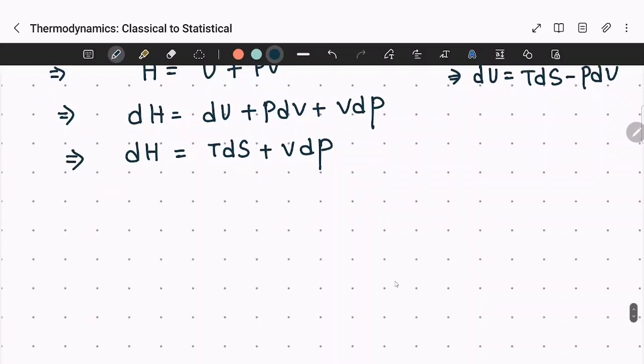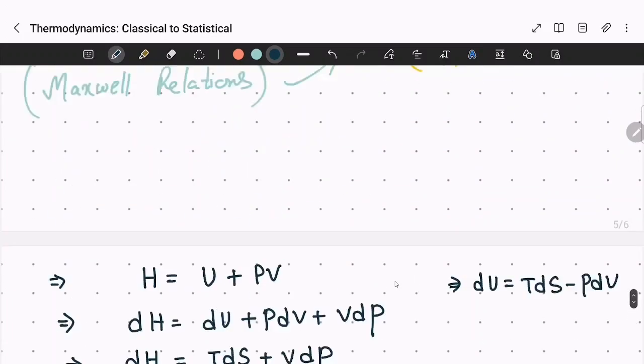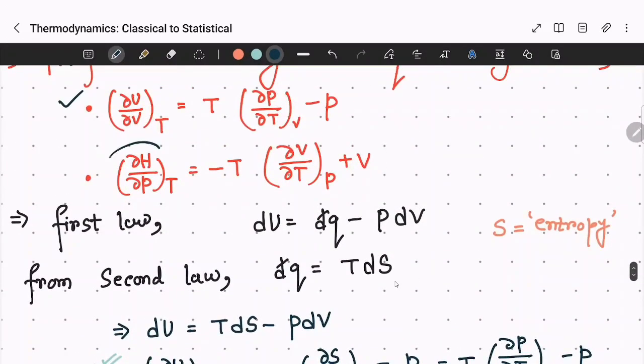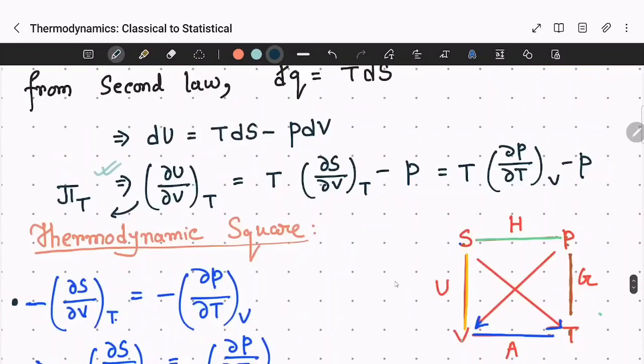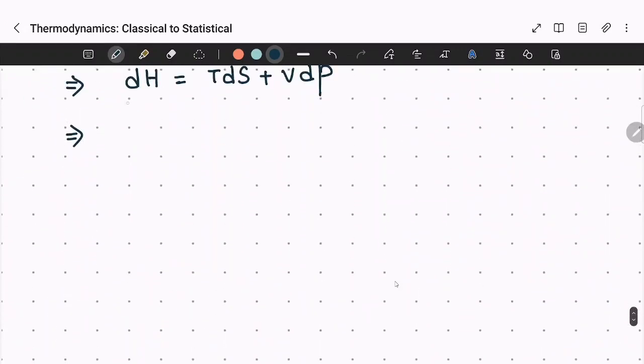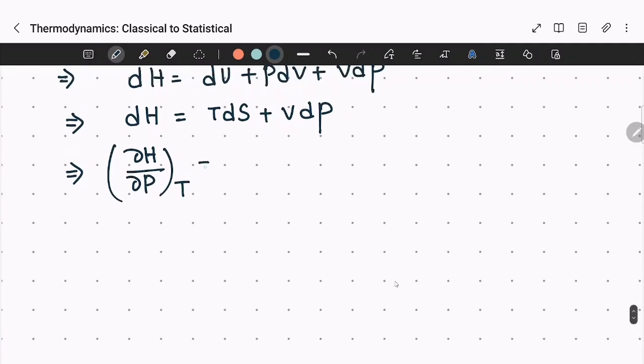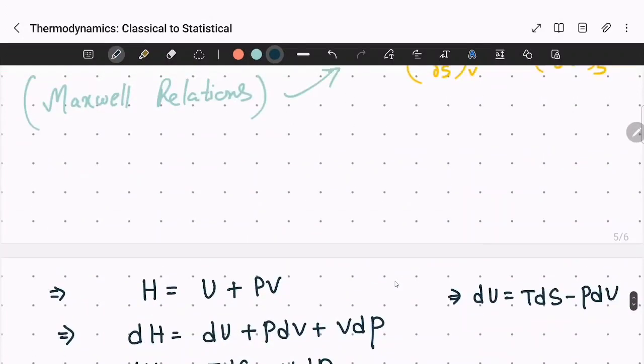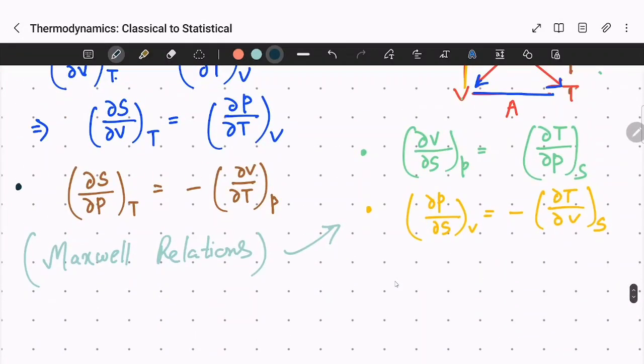If dH is that, then from here what we have to derive? del H del P at constant T. So del H del P at constant T will be essentially T times del S del P at constant T, plus V. Again del S del P at constant T, where is del S del P at constant T?